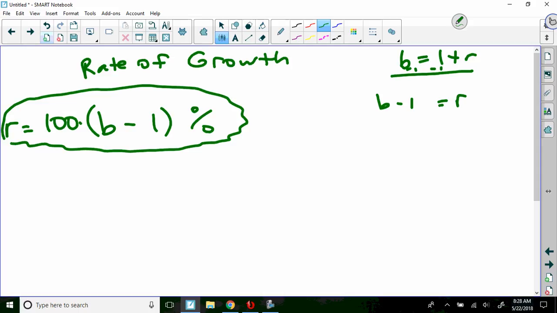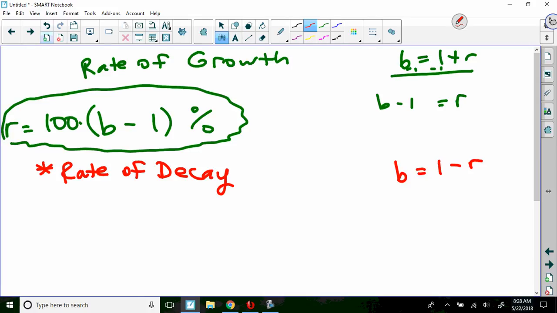If we're talking about decay, the rate of decay, and I'm going to put an asterisk by these because these are the ones that people always struggle with. We know for decay, the b is 1 minus r. So what we got to do is solve this equation for r. So I might add r to both sides.